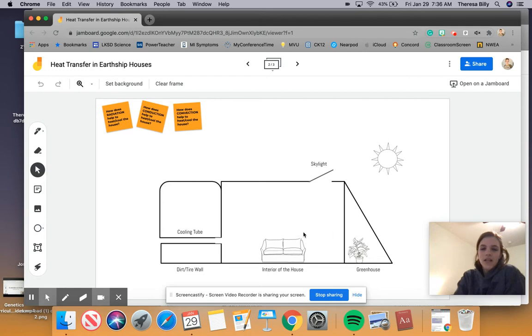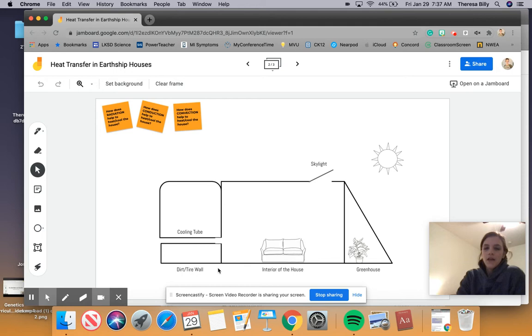The middle of the house is like the living quarters, the interior of the house. This is where your living room, your kitchen, your bedroom, and your bathrooms are going to be housed. The back of the house is made up of dirt, and it also has a wall of tires behind it.